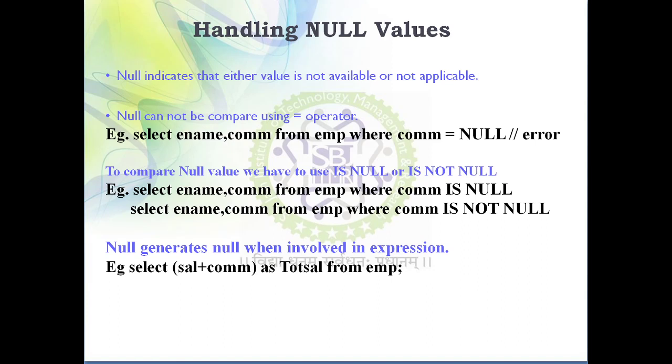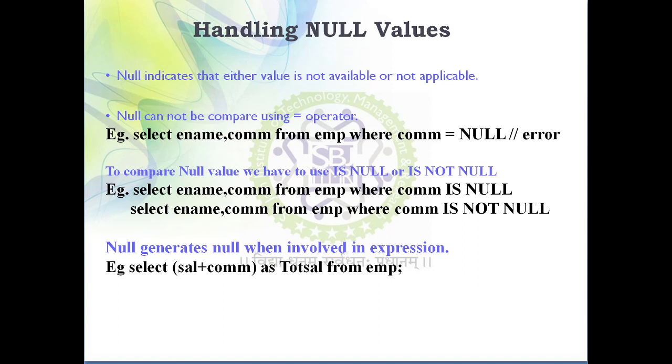Suppose I want to display the names of employees who get commission. Who get commission means their commission field should not be null. So for that purpose we use is not null. I can write the query like this: select ename, commission from employee where commission is not null. So I hope you understand the use of is null and is not null. You need to remember that null cannot be compared by using the equals to operator.